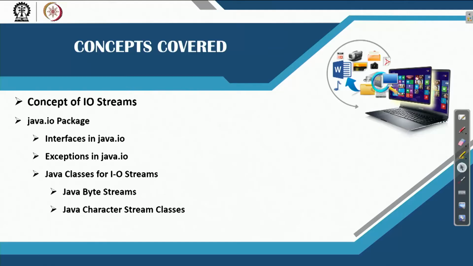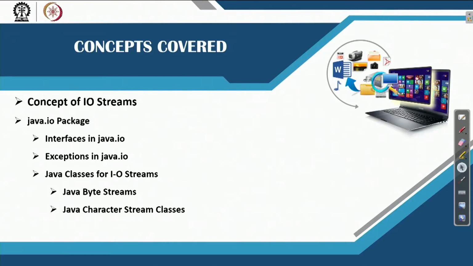In this regard, Java developers have proposed one very elegant and systematic package. This package is called the java.io package. Today our topic is learning the java.io package, and this package is very exhaustive.